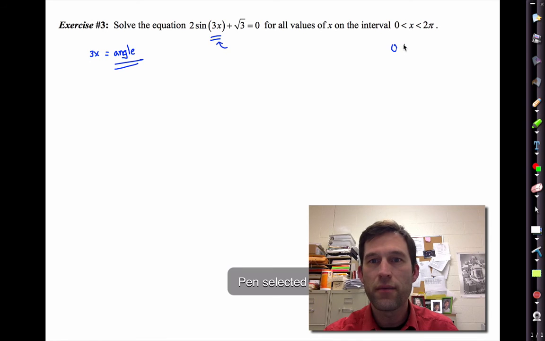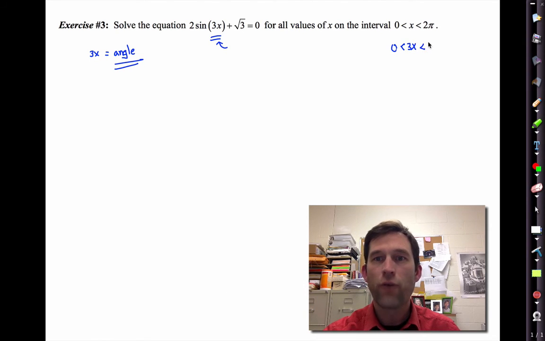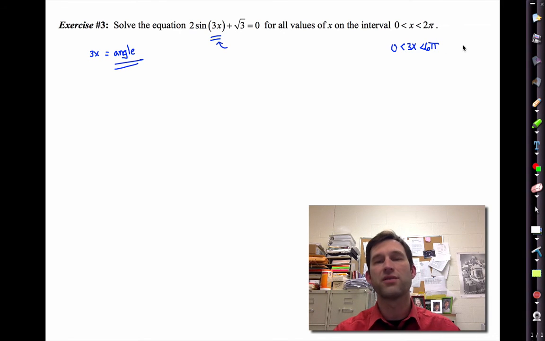Back to my pen. I ask them to write out an interval for whatever the angle is. I hope it makes sense to you that if x's smallest value is 0, then 3x's smallest value is 0. And if x's largest value is 2 pi, then 3x's largest value is 6 pi. Hone in on that. The angle is 3x. Don't worry about x. We'll eventually find it.